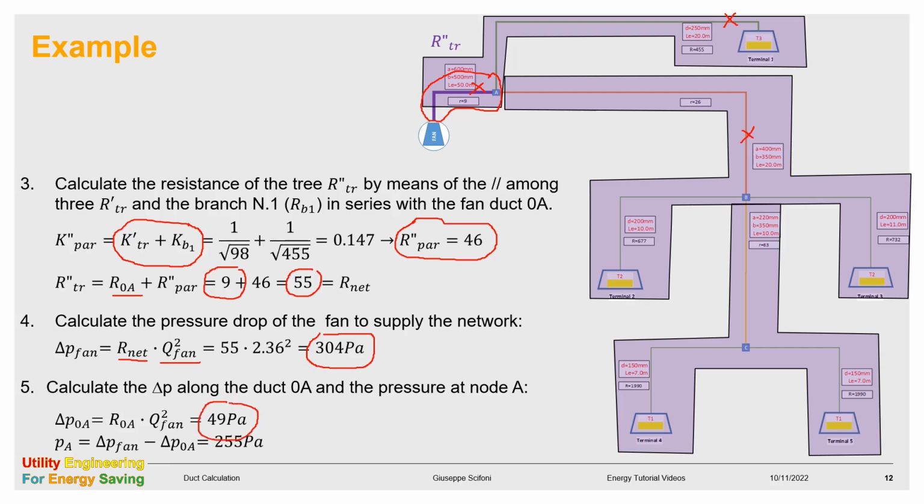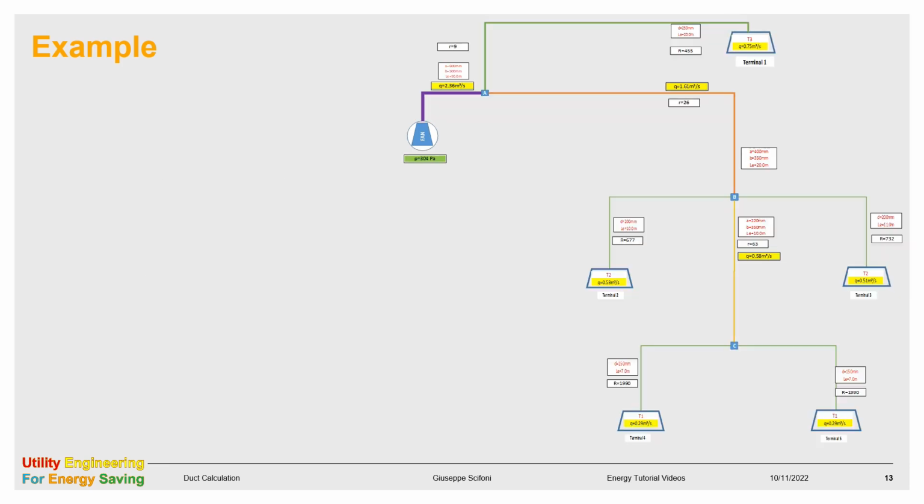It turns into 49 Pascal. The pressure at the node A is the difference between the delta P of the fan and the delta P of the duct. We have 255 Pascal.